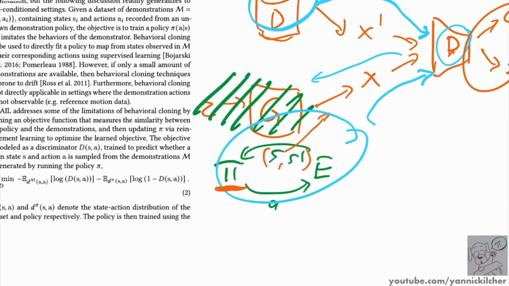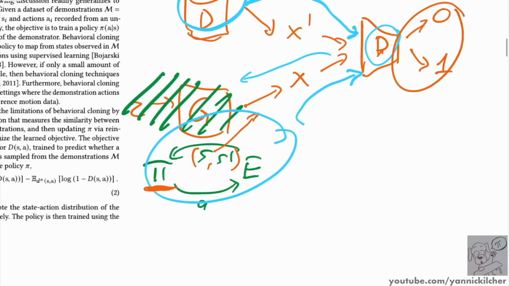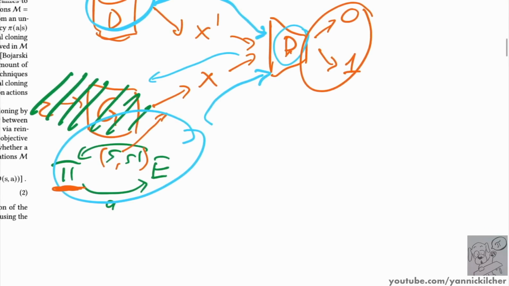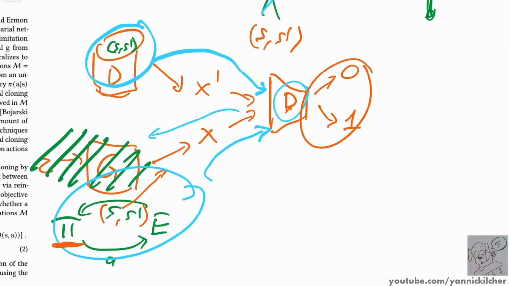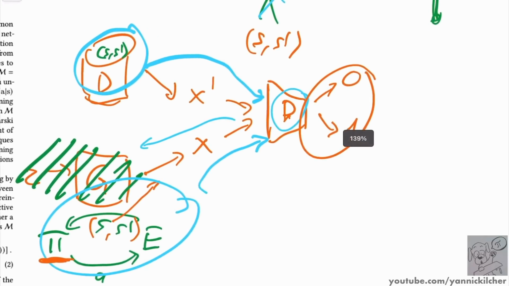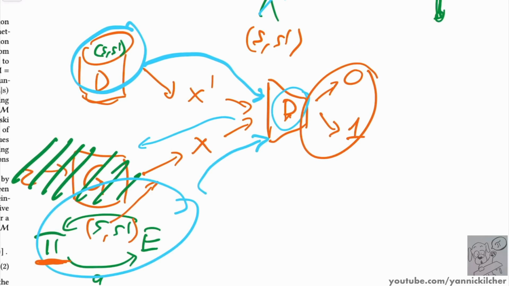So in this case, the policy using policy gradient is trying to fool the discriminator into thinking that the transitions that it generates come from a real data set, while the discriminator at the same time is always trained to differentiate between the true data set and the transitions that the policy generates.